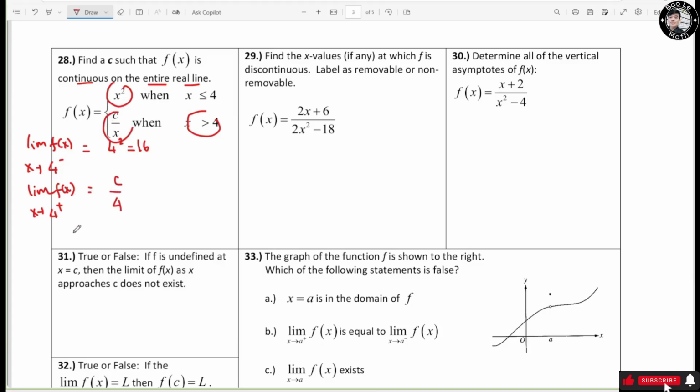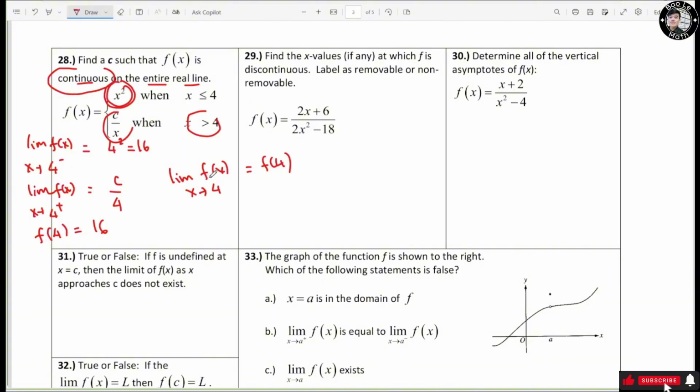Now, f of 4 is this one right here, 16. So for the function f of s to be continuous, we need the limit of f of s when s approaches 4 to equal f of 4.